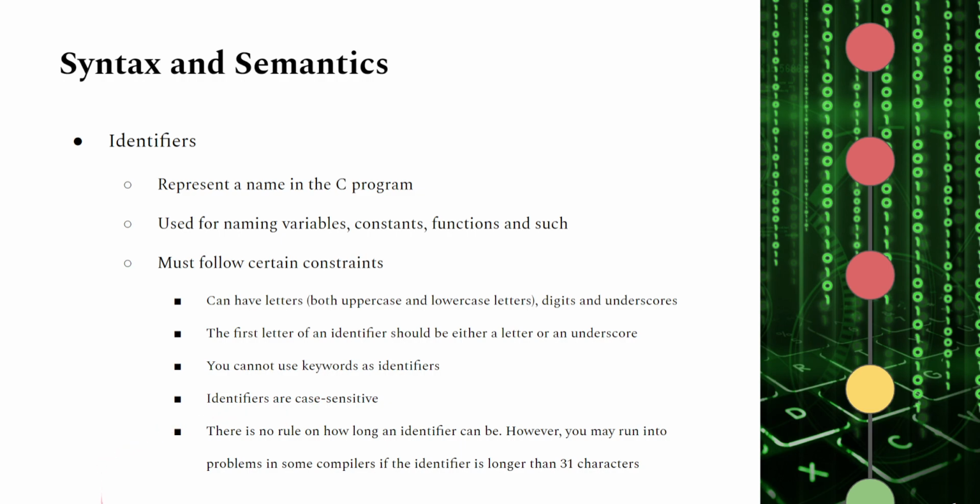Identifiers are case sensitive. What does this mean? It means that the variable var and the variable Var, though spelled exactly the same, are different variables because, as I said, identifiers are case sensitive.